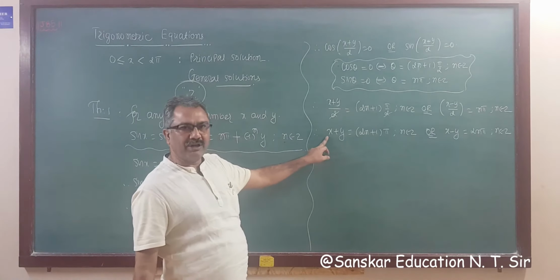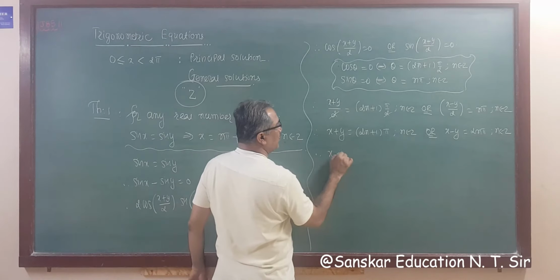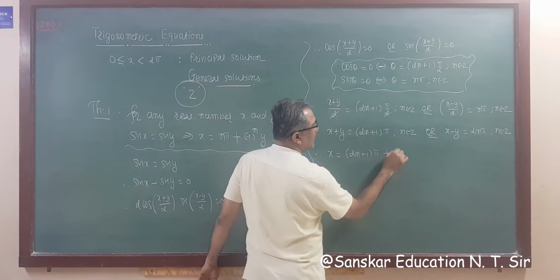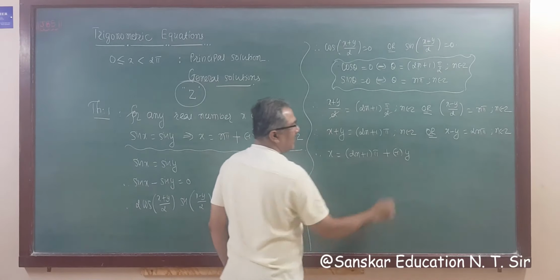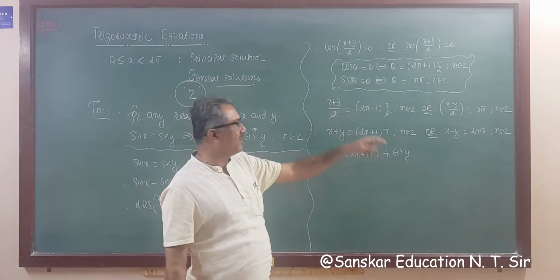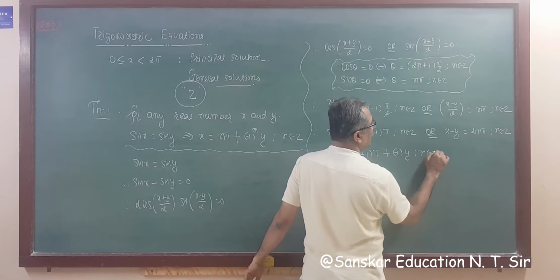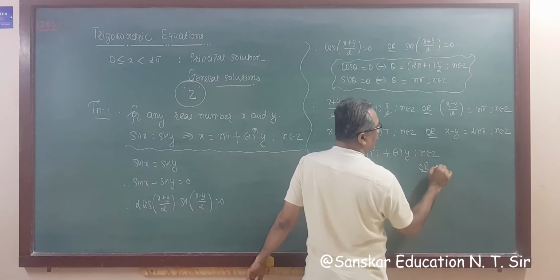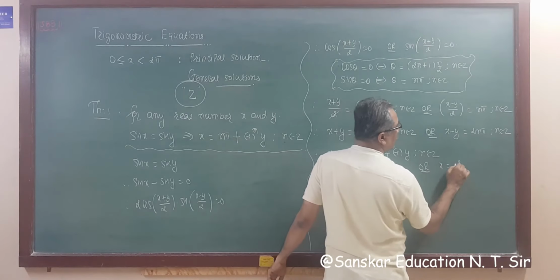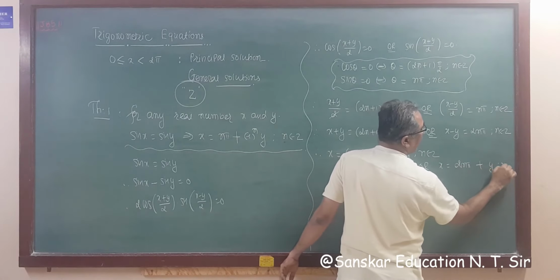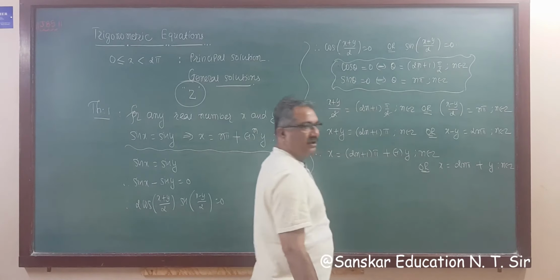So from here, what is x? So x is equal to twice n plus 1 into pi plus minus 1 into y. I am taking y to the right hand side, so y becomes minus. So this is minus 1 into y, where n belongs to Z, or from here x is equal to twice n pi plus y, n belongs to Z, right?